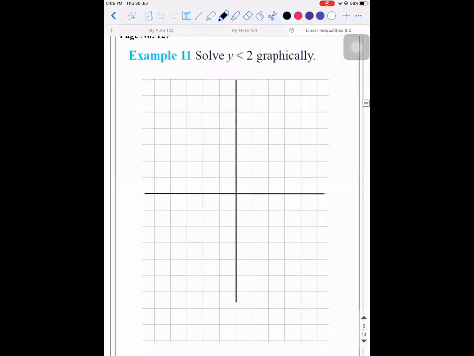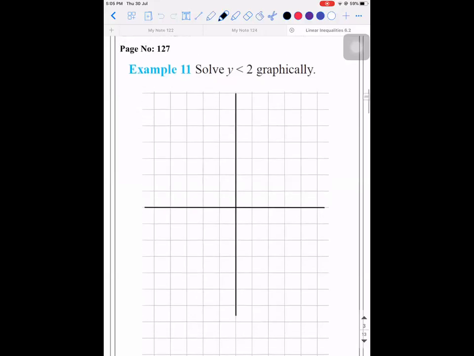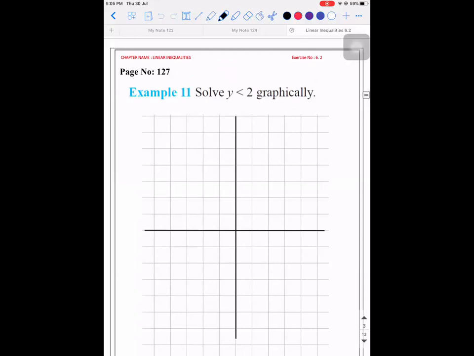So we started with 6.2 yesterday, right? So this exercise is about solving the linear inequality graphically. How many linear inequalities will you have?